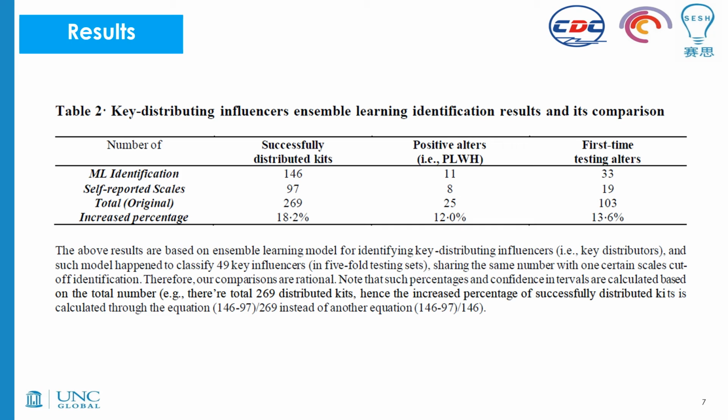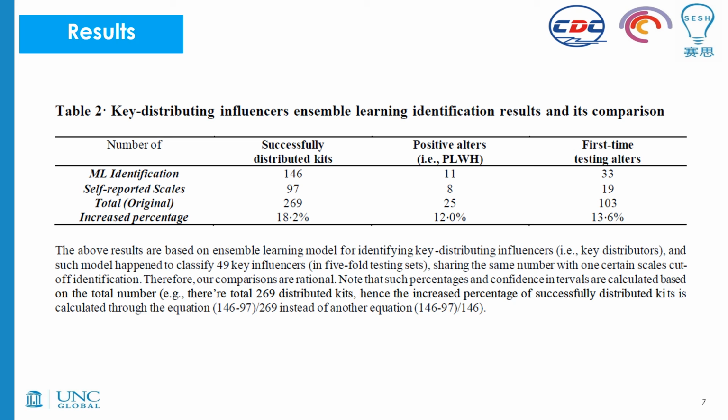Also, if we identify the same number of key influencers based on our survey data, the human identification happened to classify 49 key influencers, and our ensemble machine learning approach also happened to classify 49 key influencers in the 5-fold testing sets, so they are the same number.